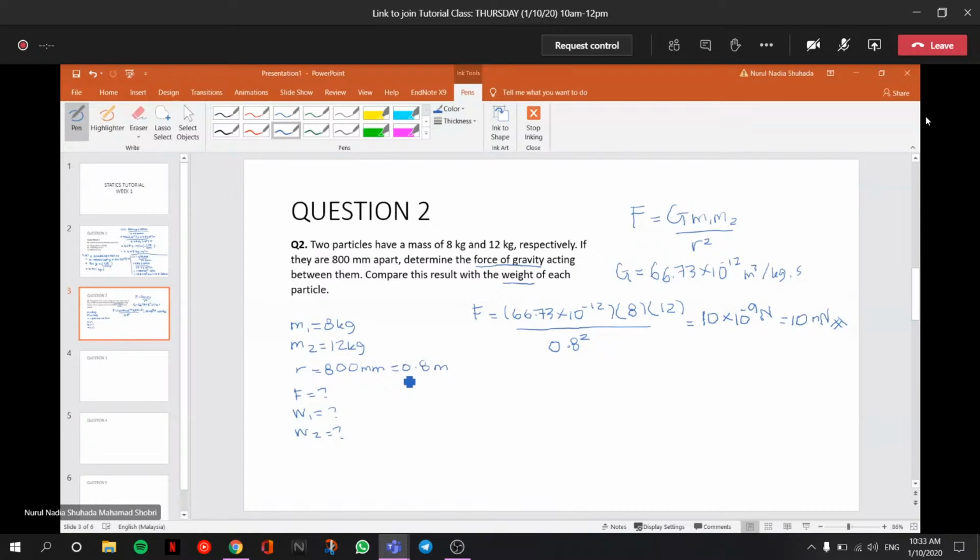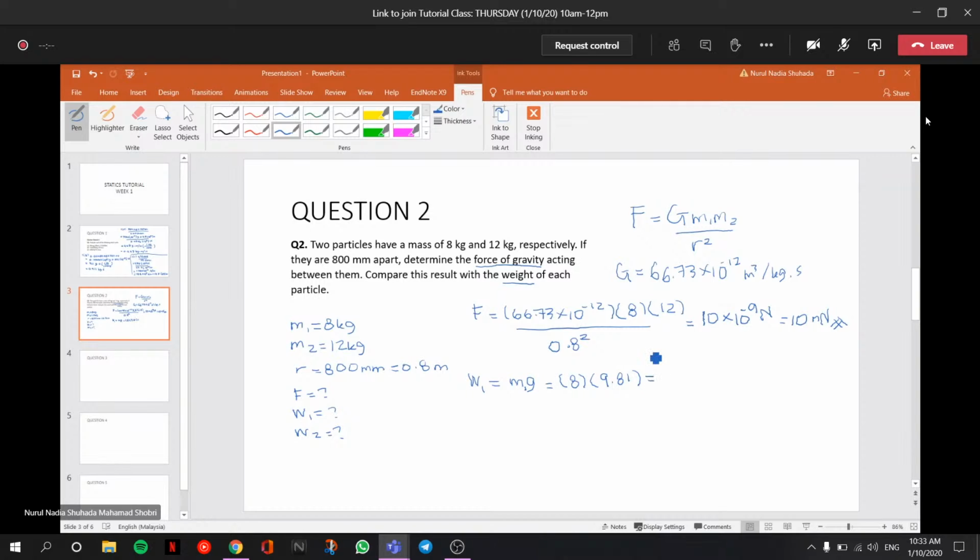The next item we have to find is the weight for mass 1. For the weight, we can use the formula W equals mg. For W1, m equals 8, and then you times with gravity, the constant, 9.81.